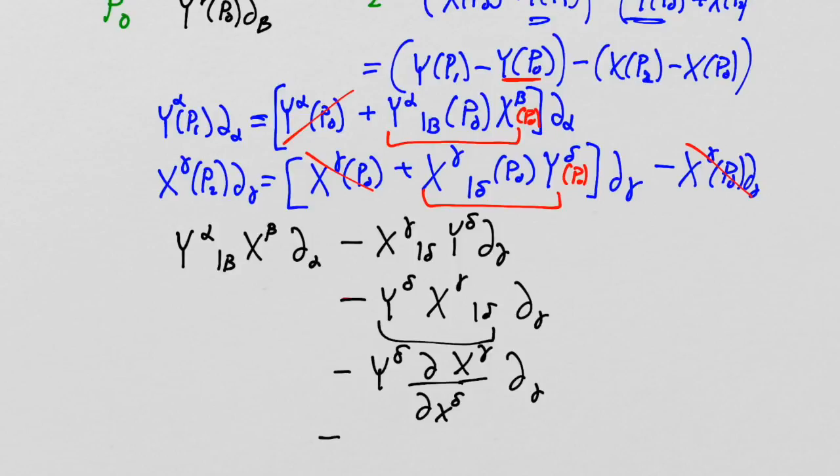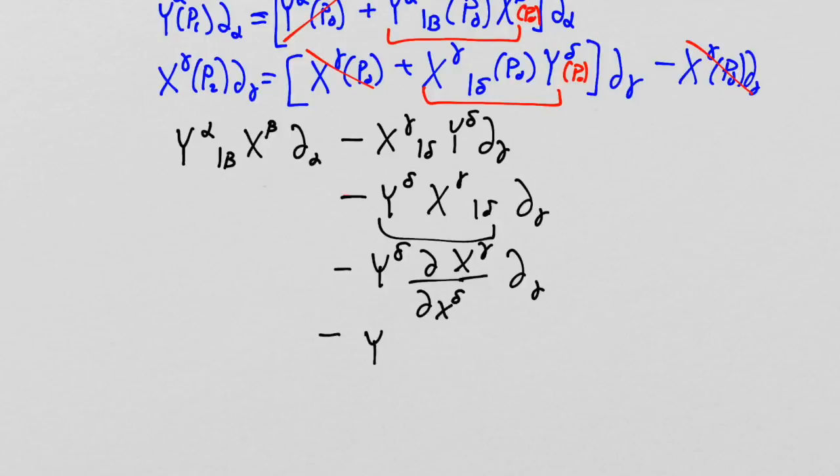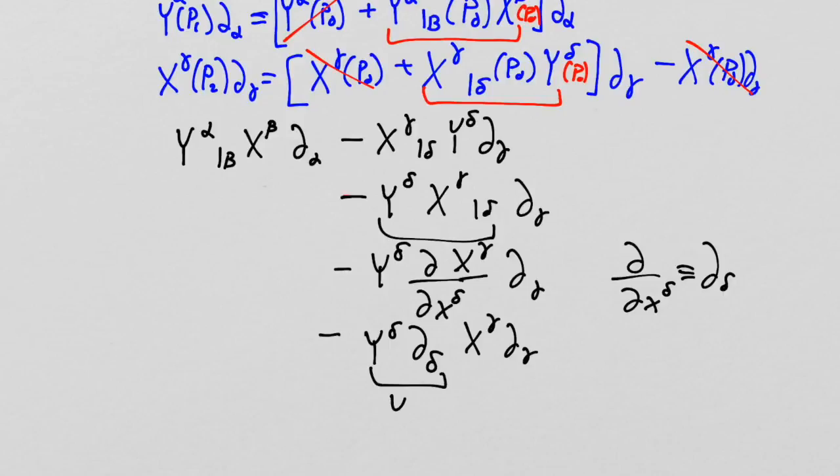The next step is to write it as y delta partial delta, because d by dx delta, the notation is just partial delta, x gamma partial gamma. And this is y, and this is x, in the coordinate free notation.